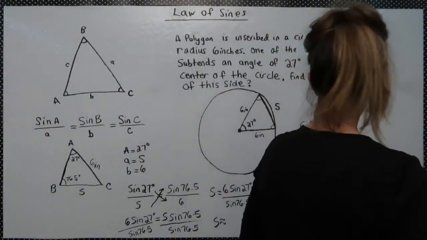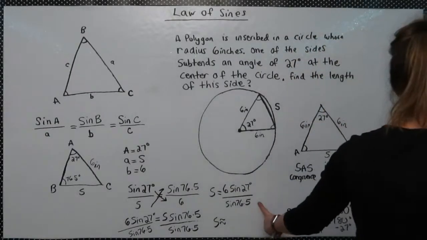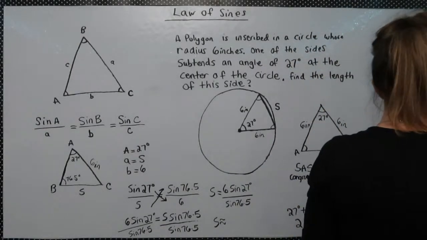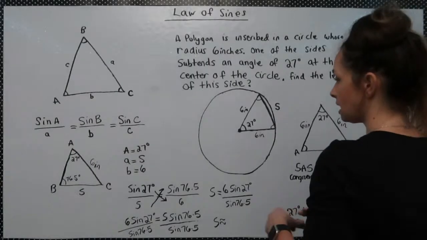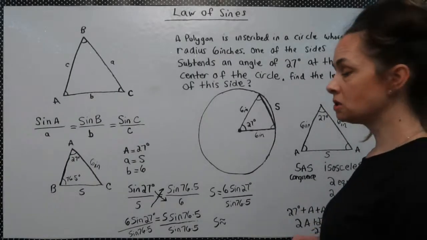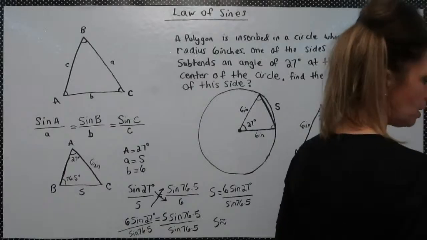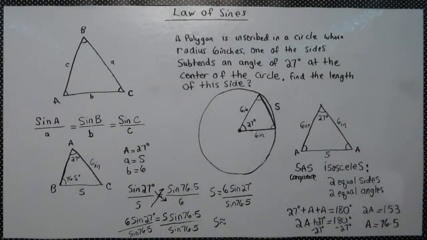And then this is an exact answer. If you're actually using this calculation to make more calculations, then you want to go ahead and plug it into your calculator, get an actual tangible value, and then just try not to round. So let's see what we get. 6 sine 27 divided by sine 76.5, and it's 2.8.